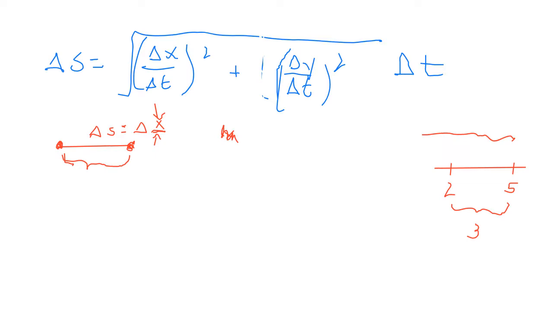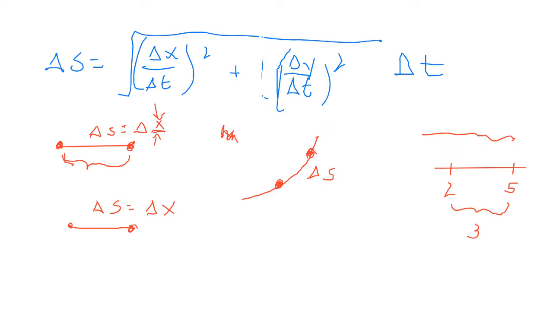When you see an arc and you have two points and you want to know the distance between the two points, that's some piece of arc length, right? But if the arc is a perfectly horizontal arc, delta S would just be equivalent to delta X, right?